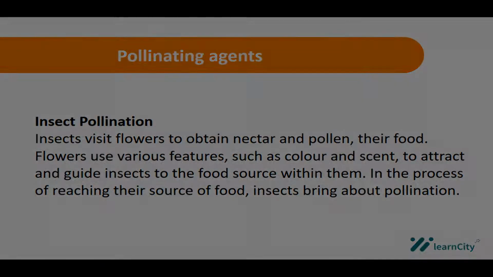In the process of coming to obtain their food, they bring about pollination of that flower. So insect pollinated flowers have features, specifically color and scent, to attract insects.